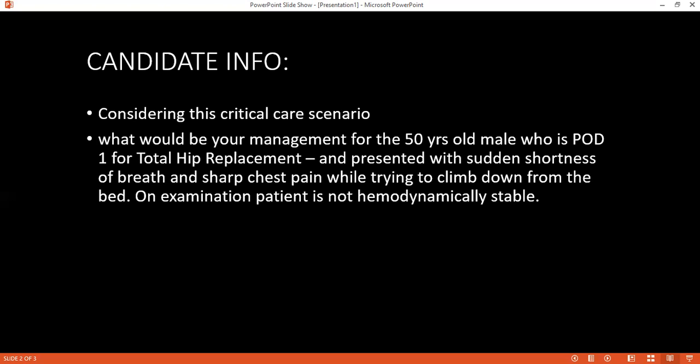Would you be able to tell me the pathophysiology behind pulmonary embolism? How does it occur? If there is a pulmonary artery obstruction, like an embolus impacting in one of the branches, there is decreased right ventricular outflow tract.